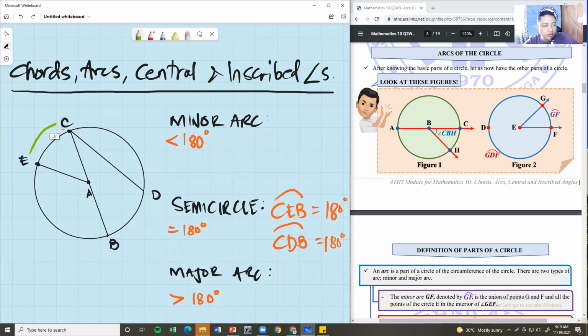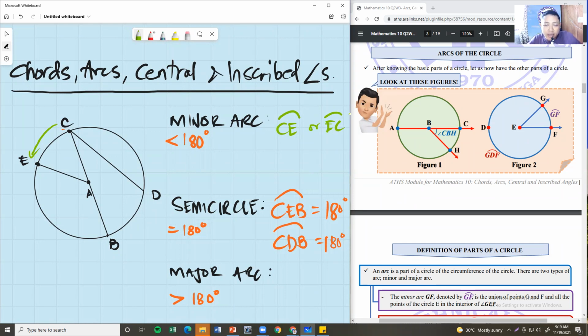From C going to E. Is that a minor arc or a semicircle? Type it in the chat box, please. It's minor arc because it's smaller than the semicircle, right? So therefore, that is named as arc CE. Or arc EC can also be its name. So there's no problem. What's important is it's smaller than the semicircle.